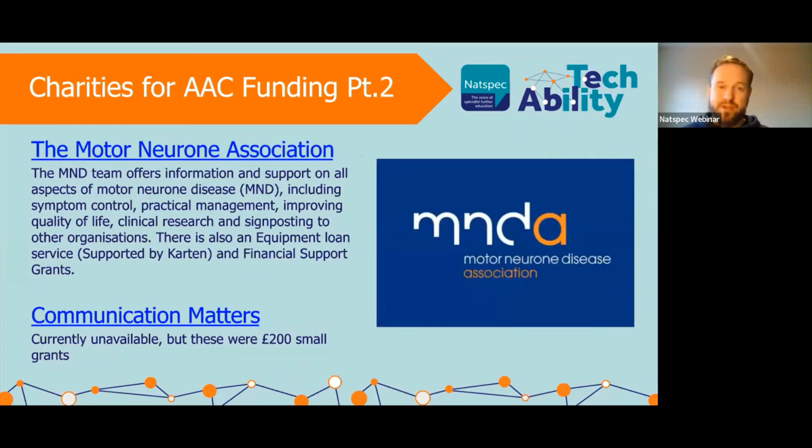Then there's the Motor Neurone Disease Association. They support everything to do with motor neurone disease, and they're quite quick at getting the equipment to people that need it. There is an equipment loan service supported by Carton, and also financial support grants and lots more information on their webpage.